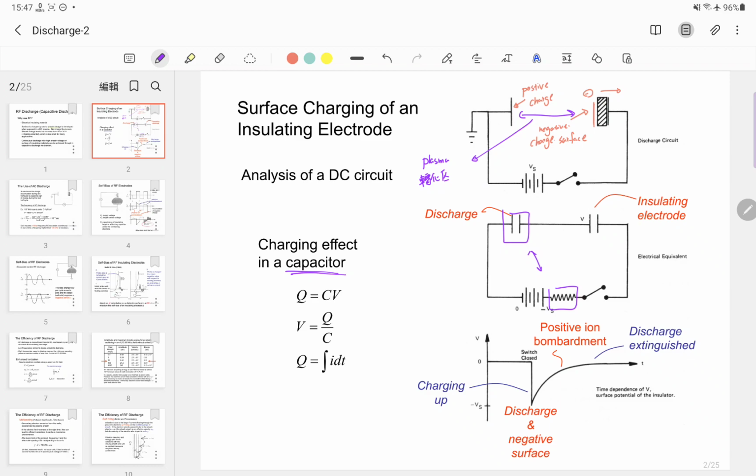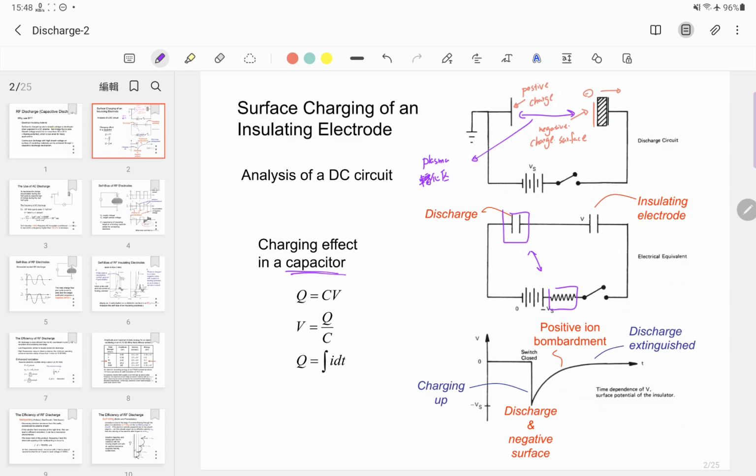So the Q here will become smaller and smaller. And since Q becomes smaller and smaller, the voltage becomes smaller and smaller. So in this region, the voltage goes from the maximum, minus Vs, and then gradually decreases. This is caused by positive ion bombardment, by cations from the plasma.